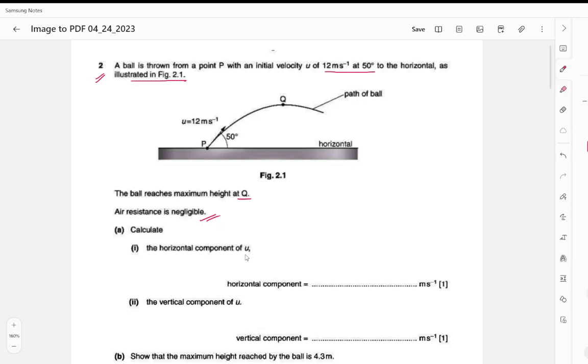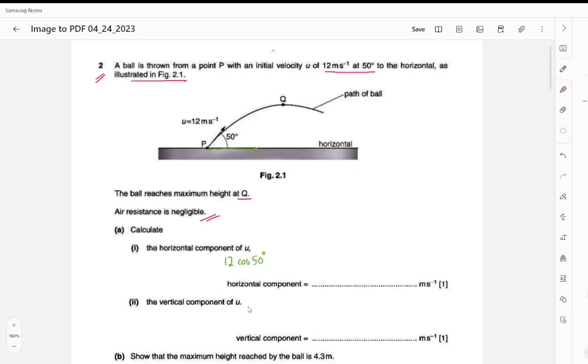Calculate the horizontal component of U, where horizontal component is the easiest part, and that is going to be this component over here. So the horizontal component of U is going to be 12 cos 50 degrees.